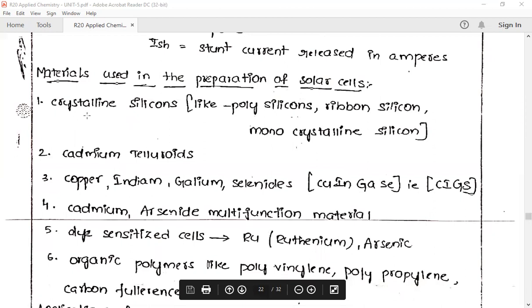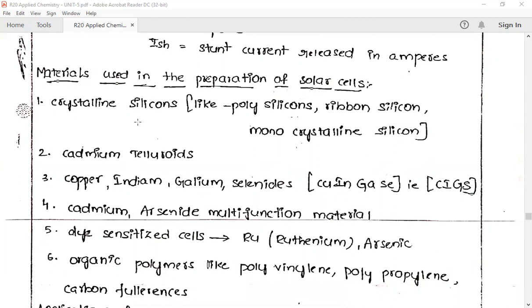The first one is crystalline silicon. Crystalline silicon is one of the most important materials, which is also known as solar grade silicon. The monocrystalline silicon, polycrystalline silicon, ribbon silicon, or other types of silicon material are used for solar cells.